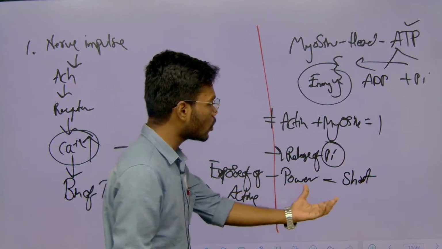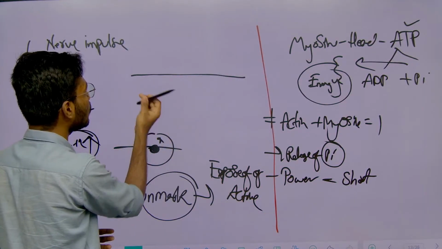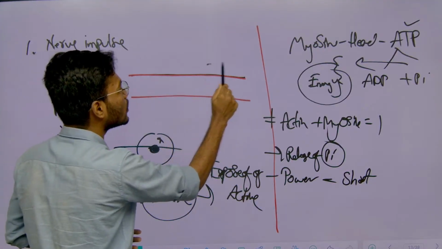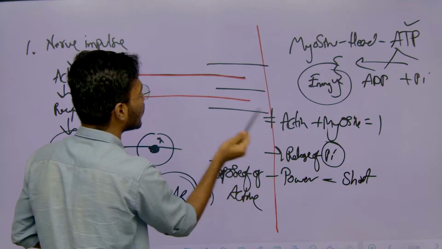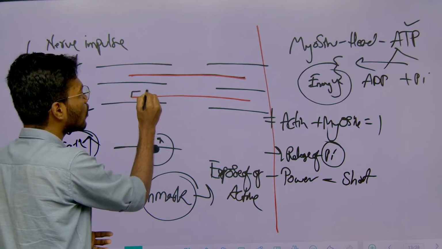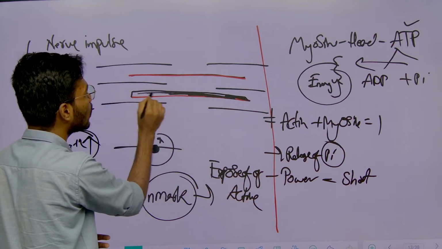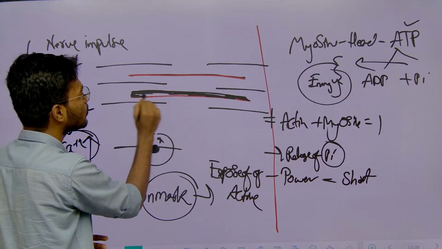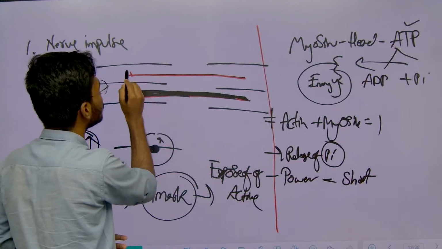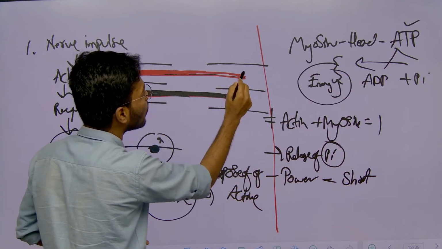During the power stroke, if you see, these are myosin, this is also myosin, and this is actin, this is actin, this is also actin. These myosins are thick filaments, because they are made up of meromyosin chains.